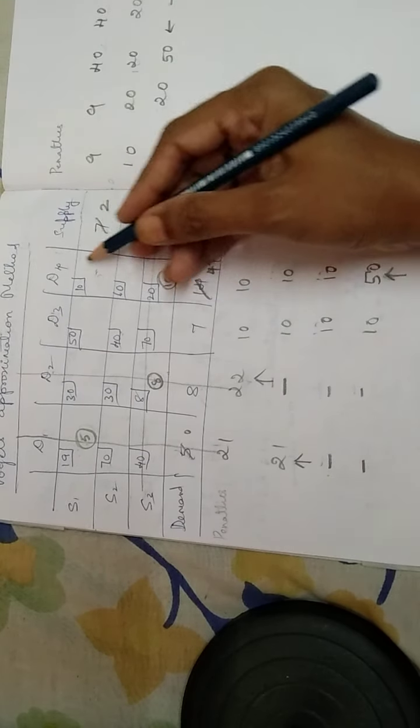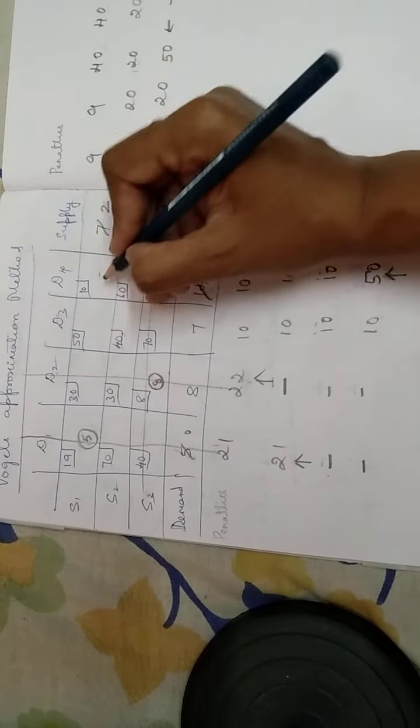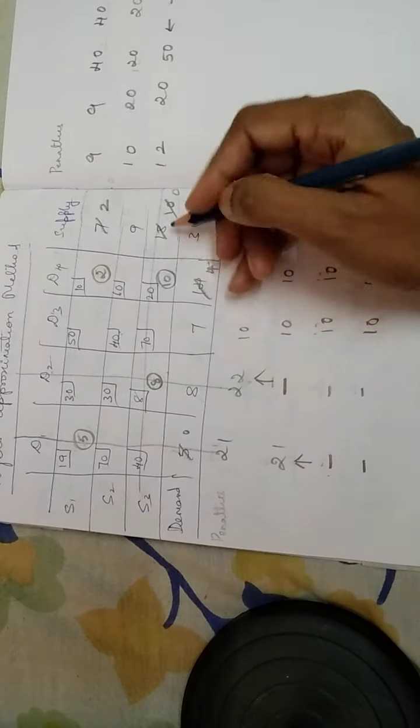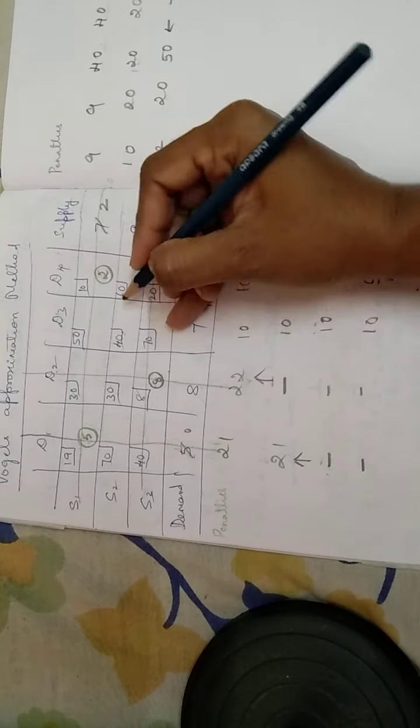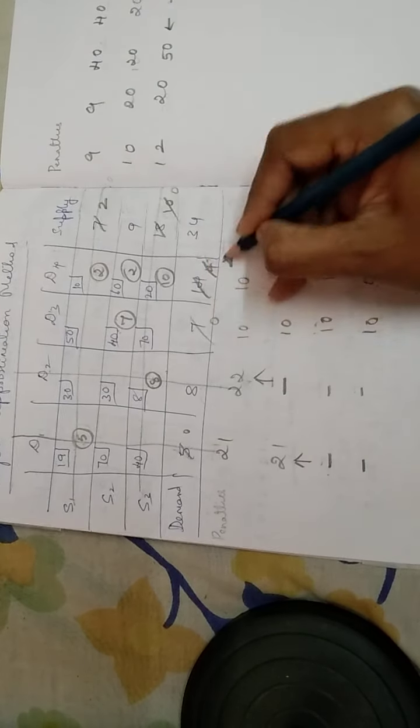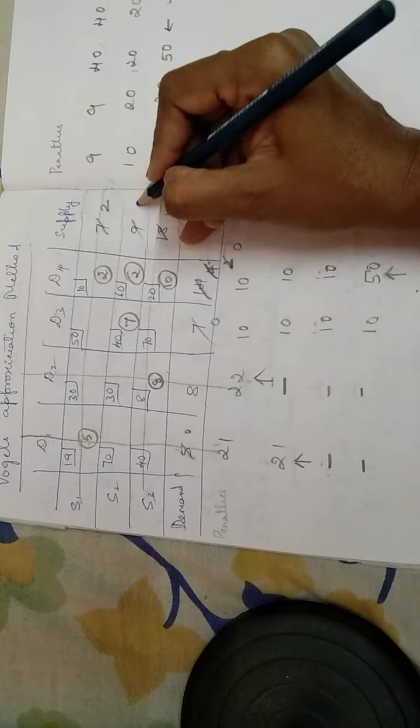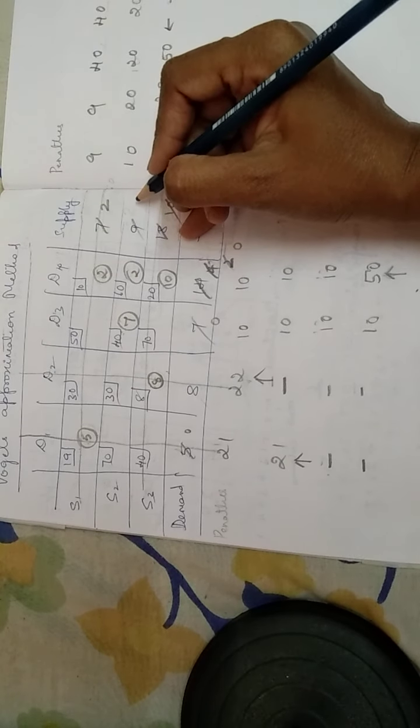The least cost will be 10. If I go with 10, I'll be able to make the allocation of 2, so I'll be able to cancel out this. I'm left with only 2 here. Now finally I am left with this particular cell, so we can allocate 7 and 2. Since we don't have any other options, we need not calculate the penalties. So this is how it is.